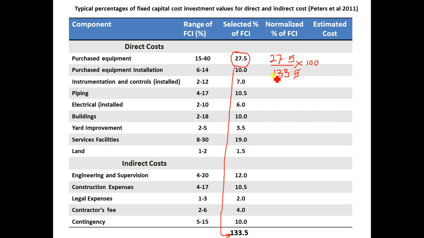This is for purchased equipment cost. This goes for this one. If you want to find for electrical, for example, it's gonna be 6 over 133.5 times 100.